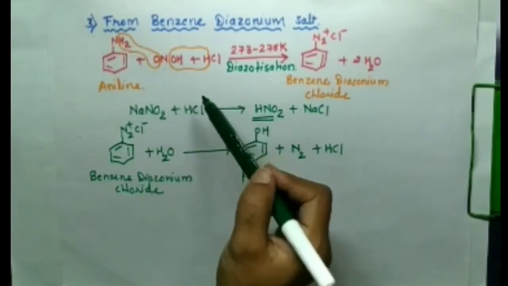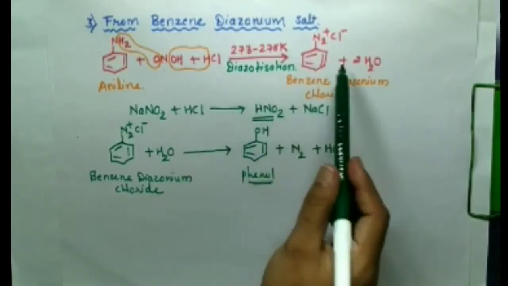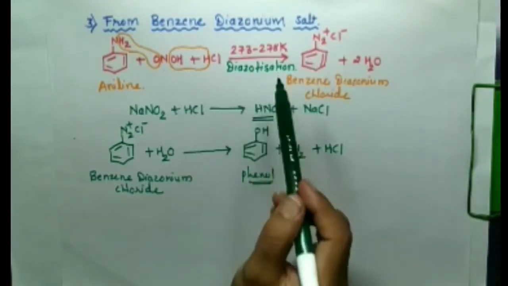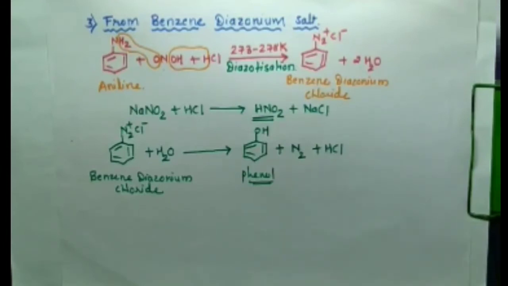When it is treated with nitrous acid, that process is called diazotization. We get benzene diazonium chloride, and that we can easily convert into phenol just by water hydrolysis. This is one of the methods of preparation of phenol.